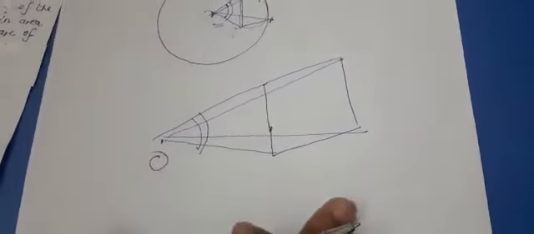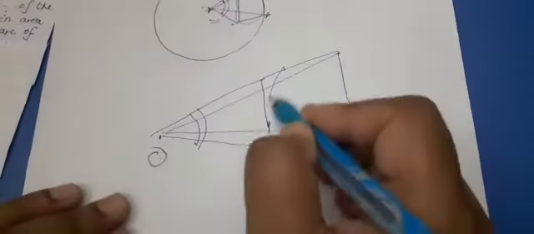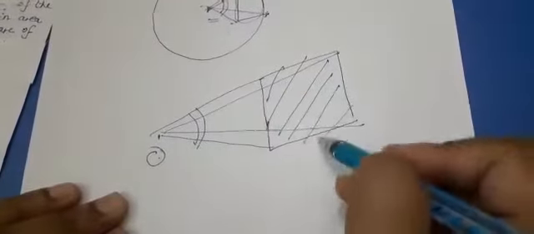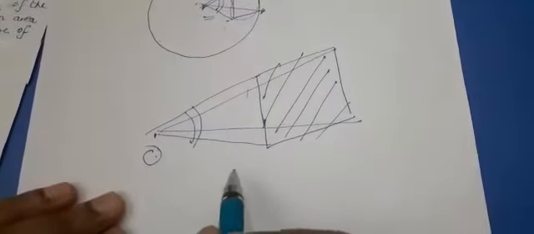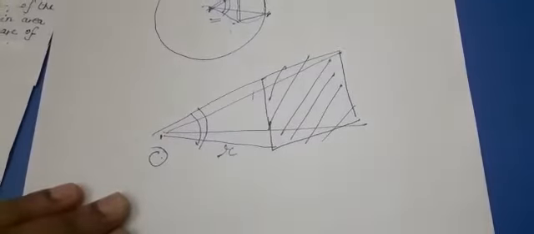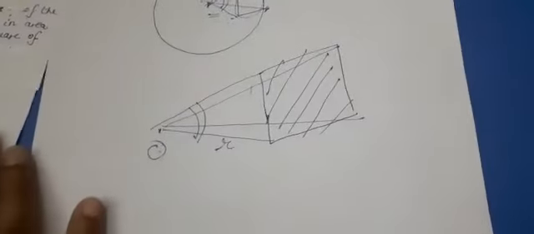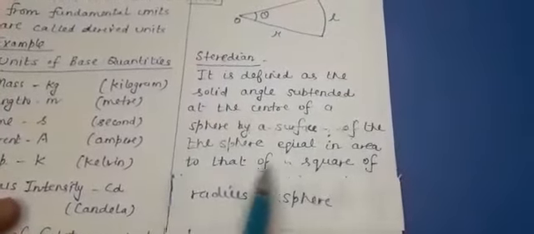So it is defined as the angle subtended at the center of a sphere by a surface of the sphere equal in area to the square of the radius of the sphere. I have given the statement here, which I have explained.